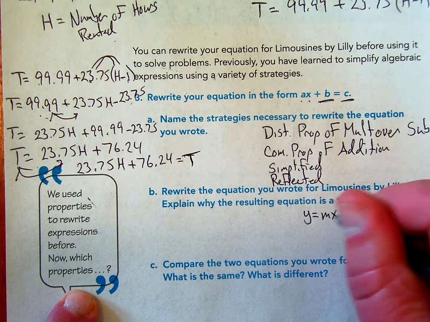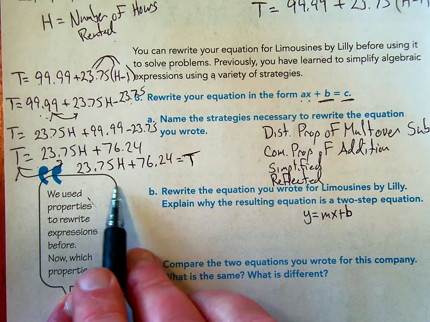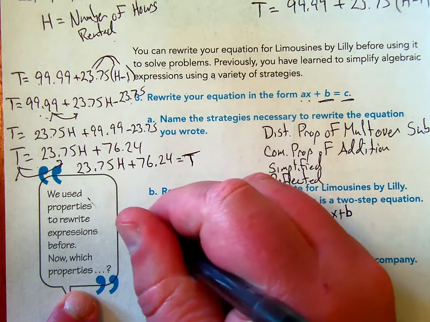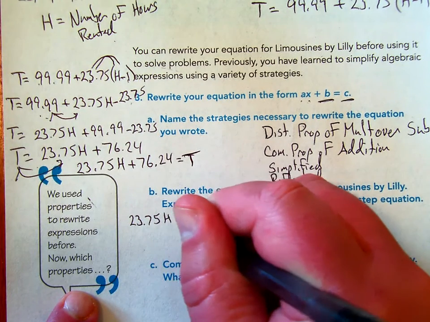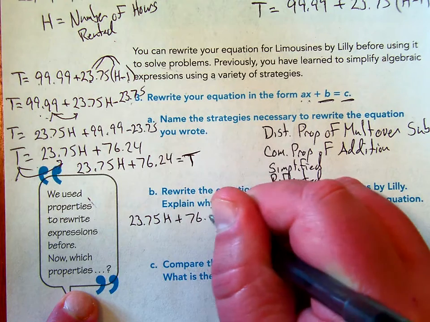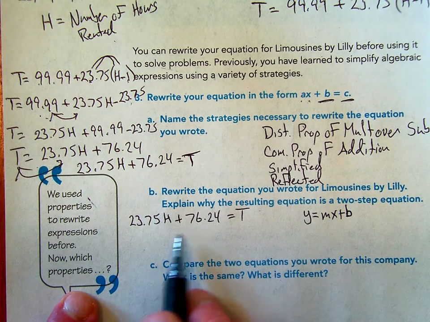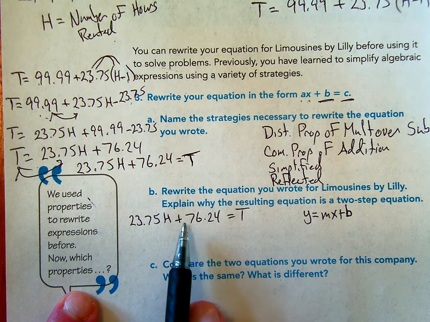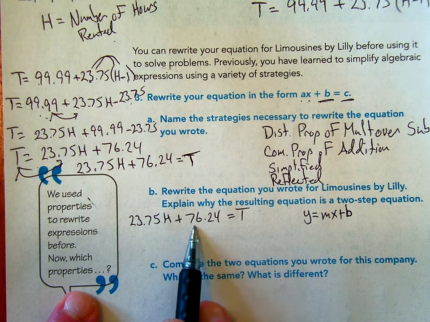And this equation, 23.75h plus 76.24 equals t, is a two-step equation because I'm going to have to undo addition. I have to get h alone. I'm going to have to undo addition, and I'm going to have to undo multiplication.